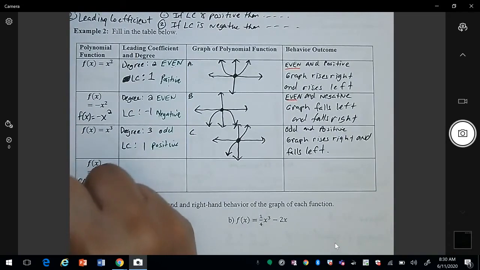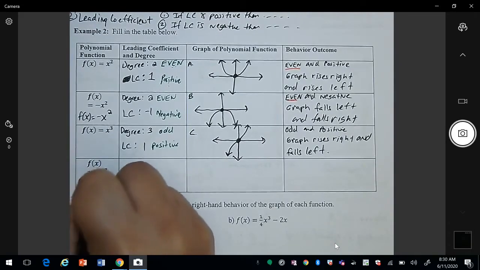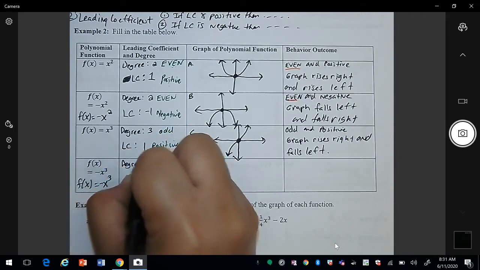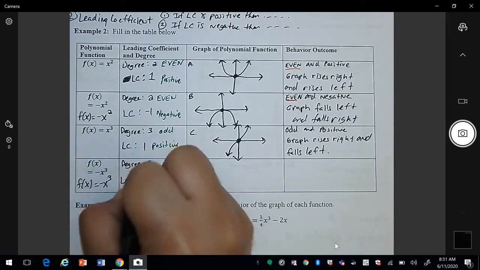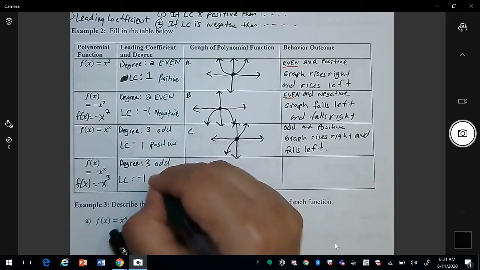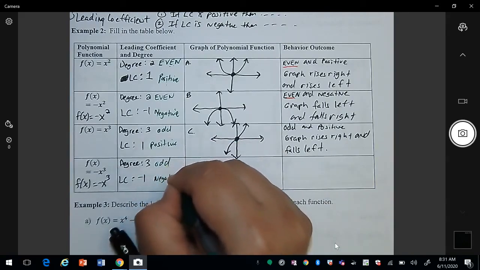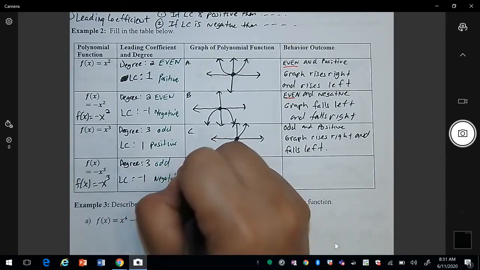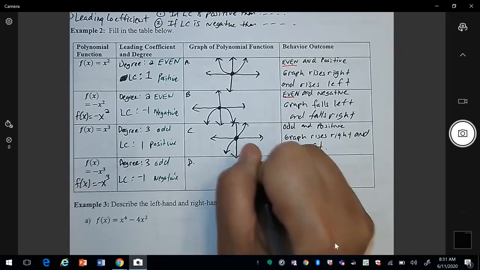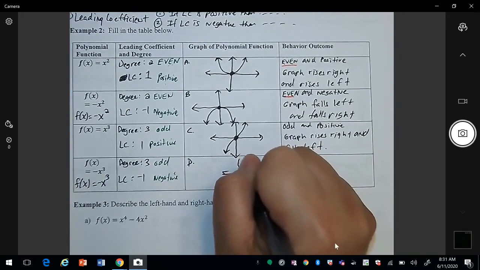Okay, the last one, f of x is equal to negative x cubed. So the degree here is 3. Leading coefficient is negative 1. So we still have an odd degree with a negative leading coefficient. So the graph for this one will look something like this.